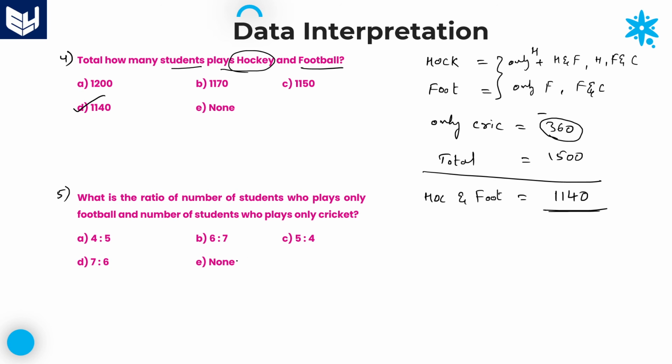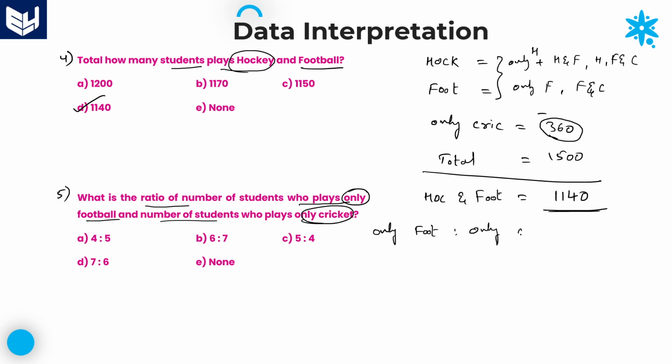Let us look at the fifth question. Here we need to calculate the ratio of the number of students who play only football to the number of students who play only cricket.